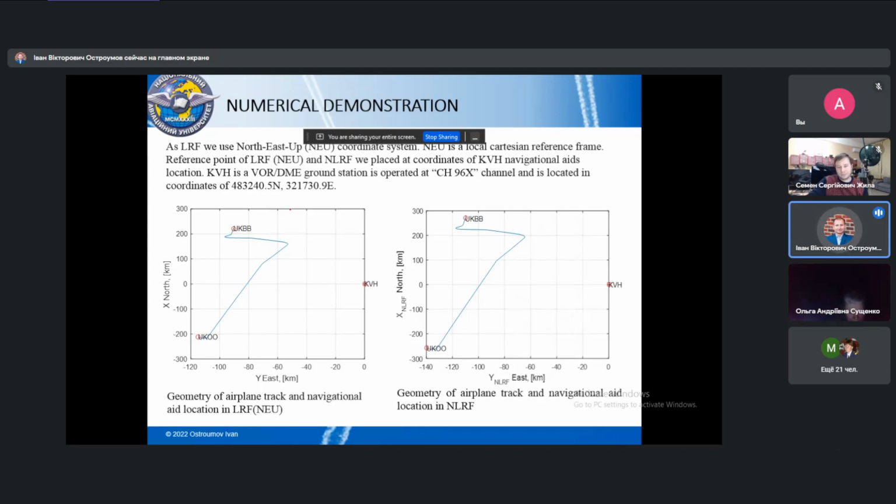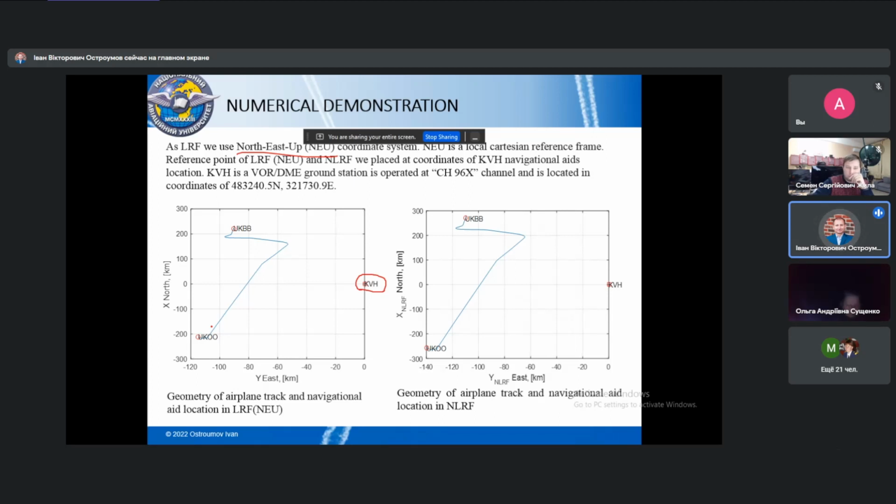In this case, we transform coordinates from latitude, longitude, and altitude to the local reference frame, the north-east-up reference frame, related to the distance measuring equipment in Kirovograd. During this flight, the aircraft is in touch with Kirovograd ground DME equipment for measuring distance.